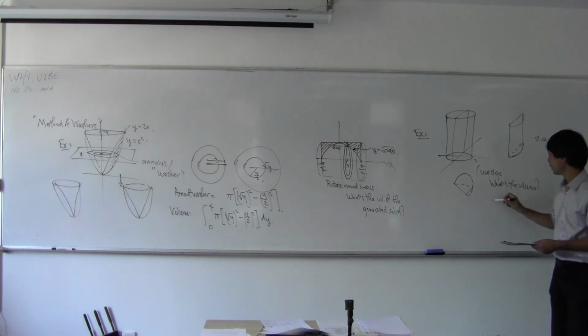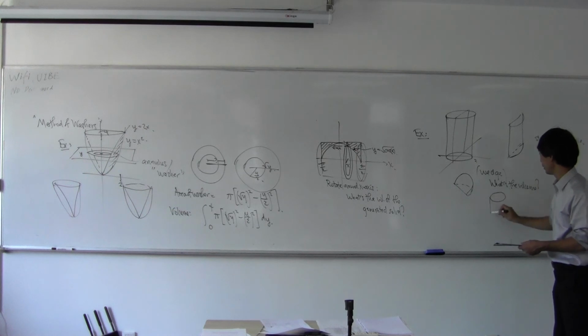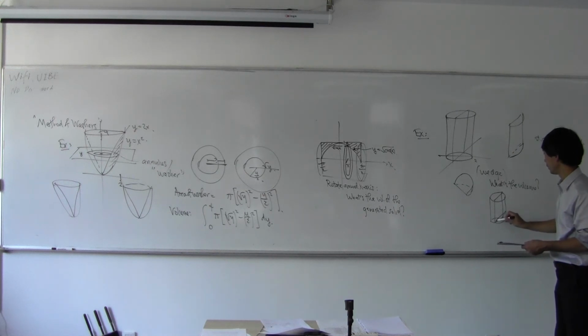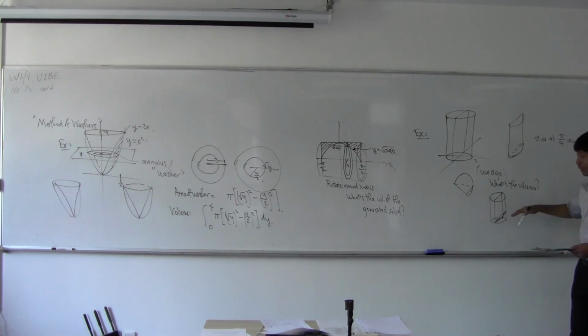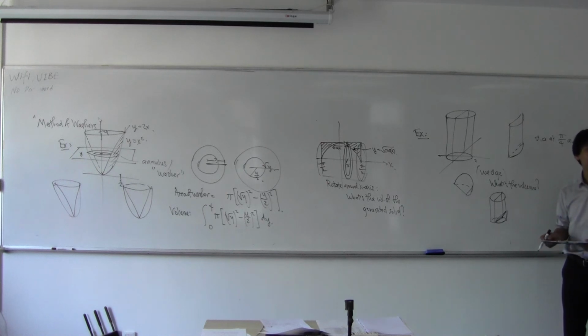You've taken your cylinder, cut it in half, and then from here you cut upwards at a 45-degree angle, and you get this little corner piece here. The question is, what's the volume of that wedge?